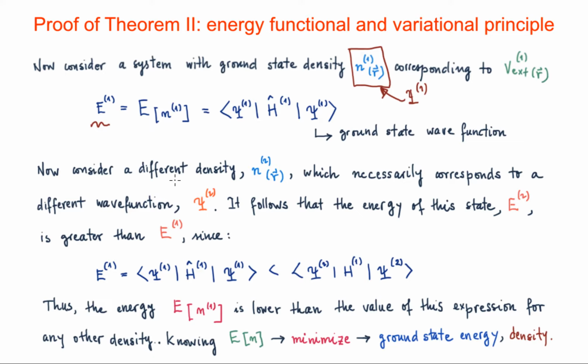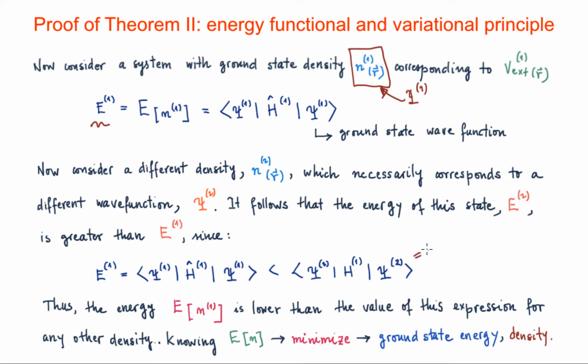Now consider a different density which we are going to call N2. That, of course, corresponds necessarily to a different wave function we are going to call Psi2. It follows that the energy associated to that state, Psi2, should be higher than E1. Why is that? That's a direct consequence of the variational principle.